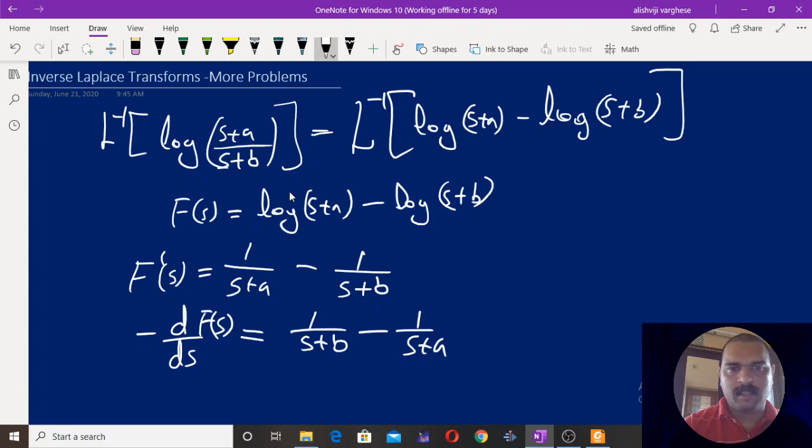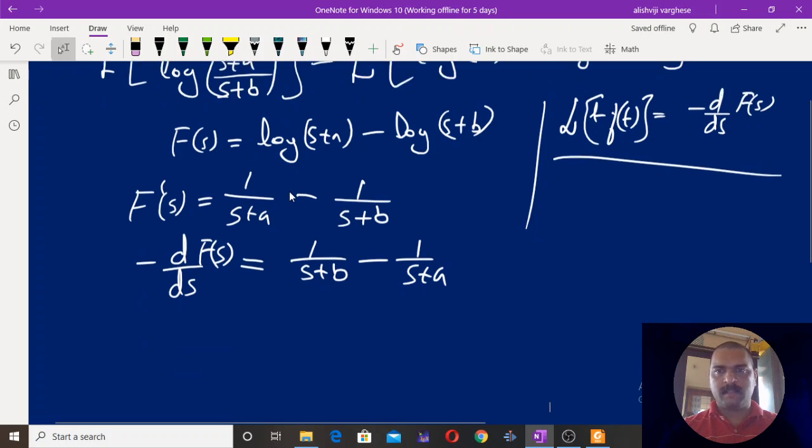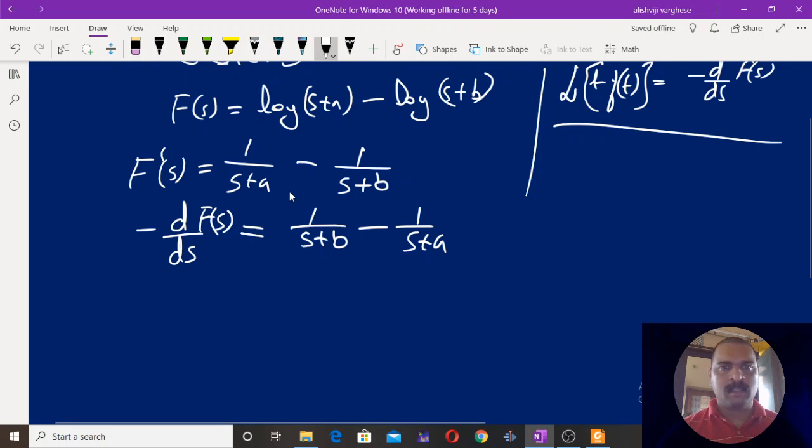Now we have a result which says that Laplace transform of t into f of t is equal to minus d by ds of F of s. And this particular result can be used to find the inverse Laplace transform.